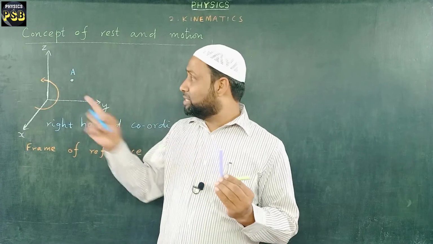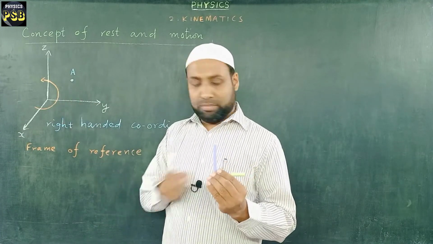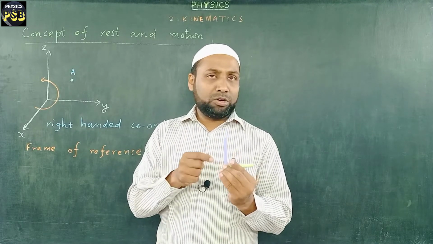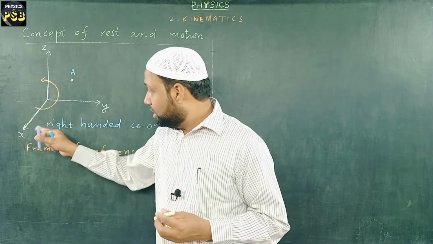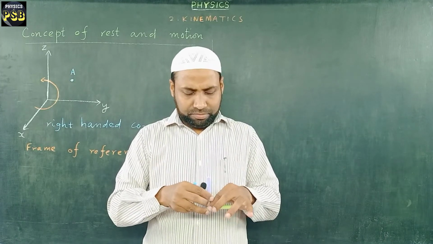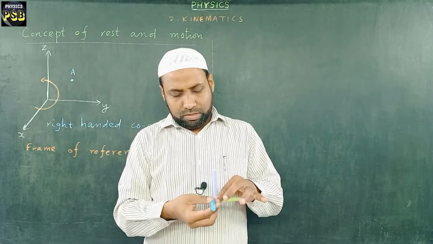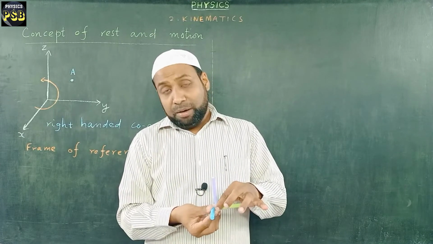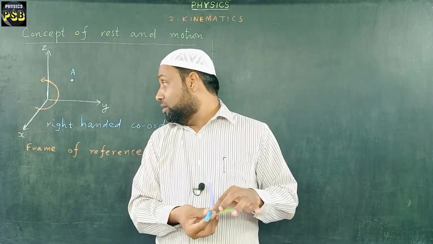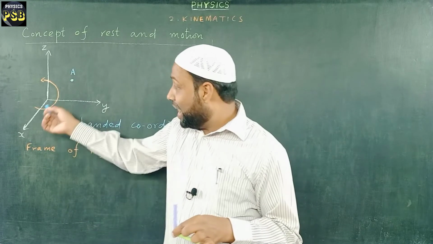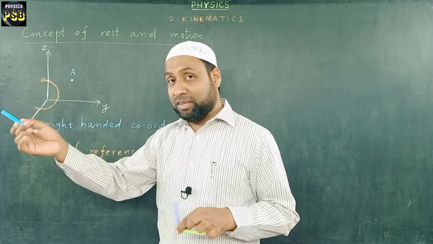Now these two things are quite clear from the diagram. They make an angle of 90 degrees, so they are perpendicular to each other. But the x-axis is actually projecting outward, outside the board. Here we cannot draw a line which is projecting outward.